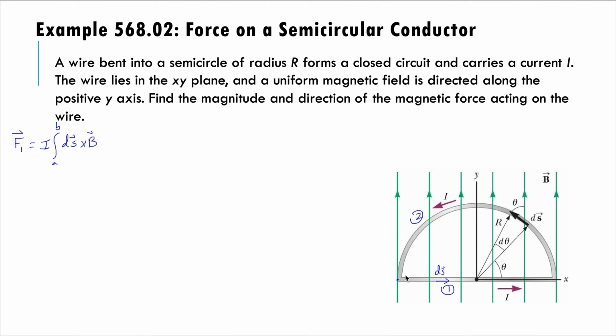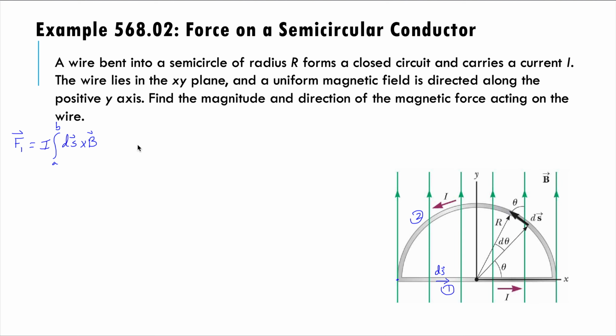You want to make sure that for the whole segment the force is going the same way, because that's the only way you can integrate. All right, so the force is going out of the page, which is the k direction, the positive z direction.